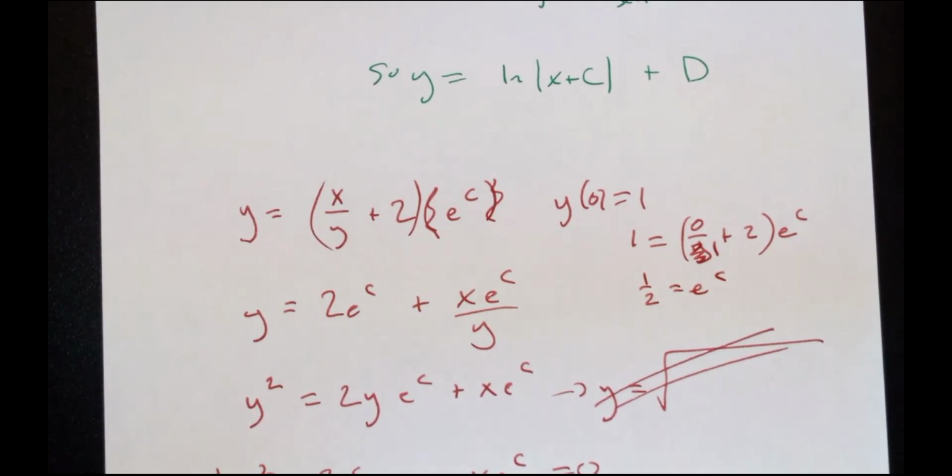So I could go back to their equation where they gave me the graph here with y of 0 equal 1. I should get this picture. But that's the difference between an explicit solution and an implicit solution.